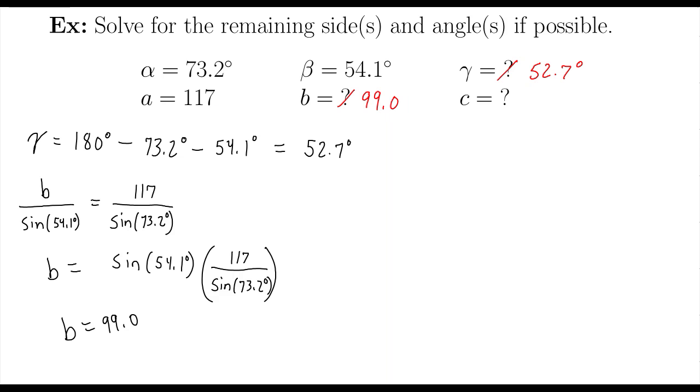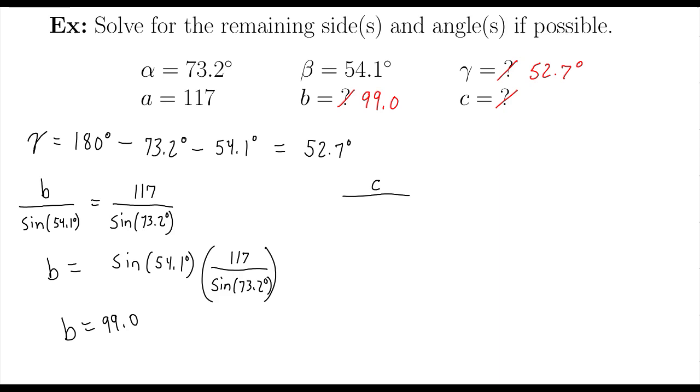Now to find side C, avoid the temptation of using the Pythagorean theorem. Remember that only applies to right triangles. This is not a right triangle because I do not have 90 degrees as one of my angles. So to find side C, I'm going to use the law of sines.